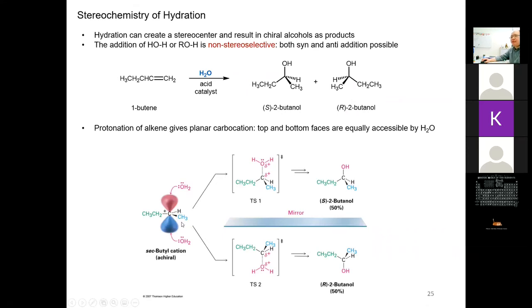Just as I draw it here, you have a carbocation, and if you attack from the top, you have the S; if you attack from the bottom, you have the R-butanol. It's 50-50, and there's a mirror between them because they are enantiomers. So this is exactly like the HX addition: you generate a carbocation, then in the next step the nucleophile, like the X, adds to the carbocation in a non-stereoselective way.